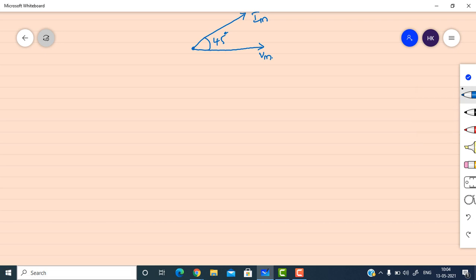Suppose there is no phase difference. Yes, so I will give you one problem first. I have two alternating quantities: I1 is equal to 10 sine omega t plus pi by 3, and I2 is equal to 15 sine omega t minus pi by 4.